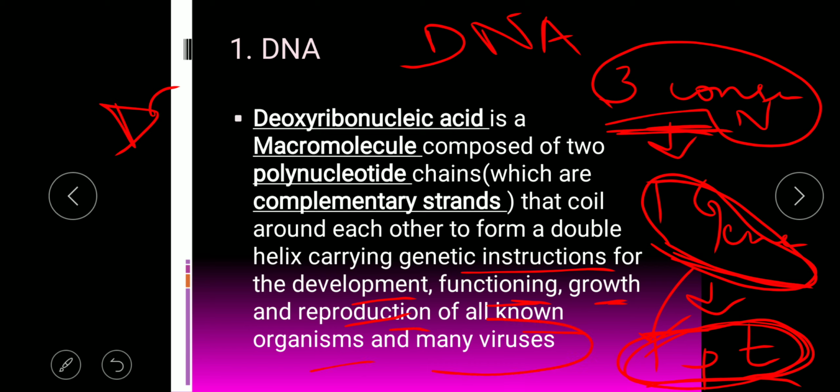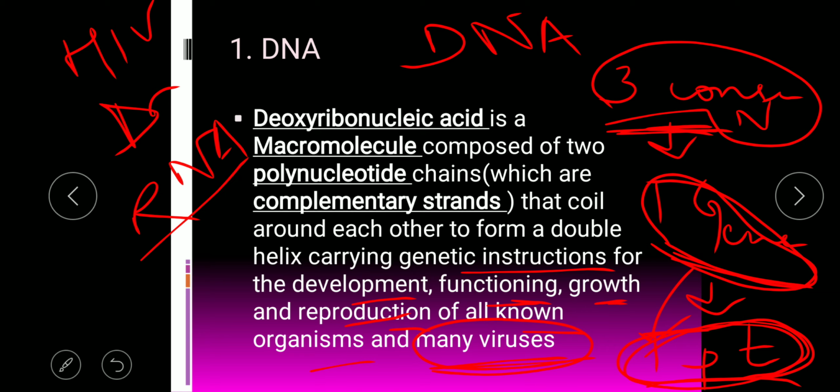And why has it mentioned many viruses? Because most of the viruses, like the HIV virus, are RNA viruses. It is not a DNA virus. So a few viruses contain the genetic material in the form of DNA, and a few viruses contain the genetic material in the form of RNA.